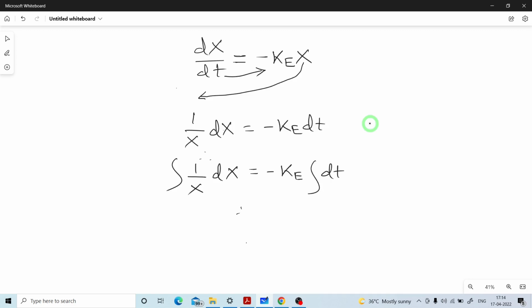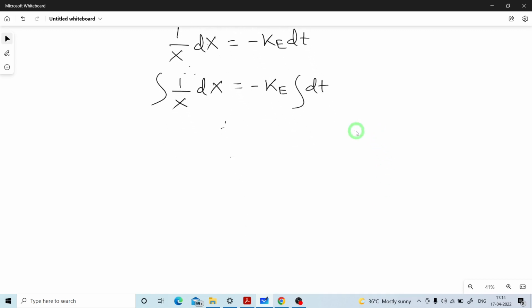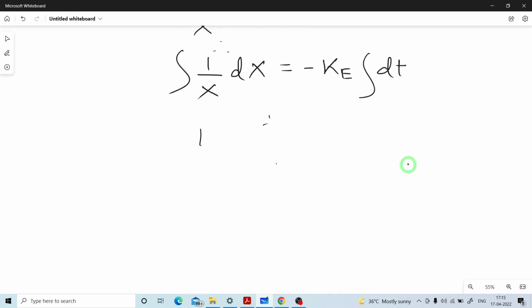So if we solve this integration, your answer will be integration of 1 upon x dx is nothing but natural log of x plus integration constant C1, is equal to, I will write minus ke as it is towards the right hand side, and integration of dt is going to be t, because integration of dx is x, integration of da will be a, integration of dt will be t. Okay, so t plus our integration constant C2.